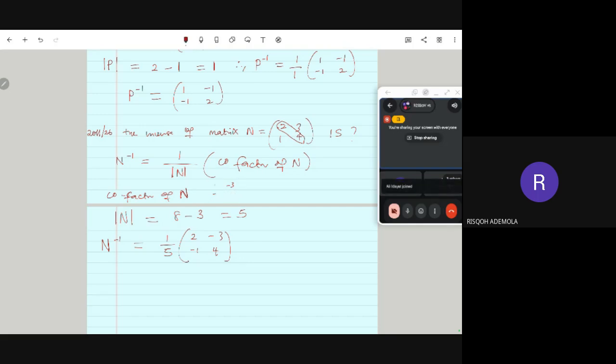It's supposed to be 4, 2. So it's supposed to be 4 and 2. This is the answer. Is this clear? Is this clear, everybody?